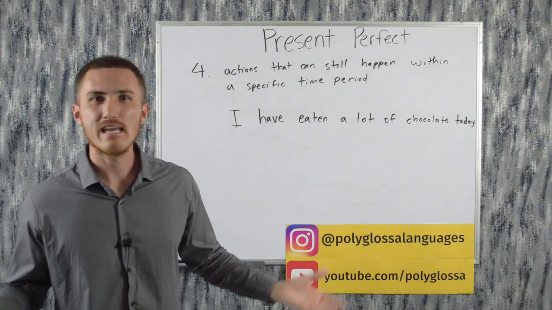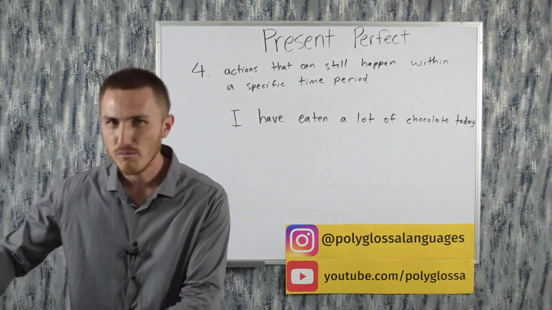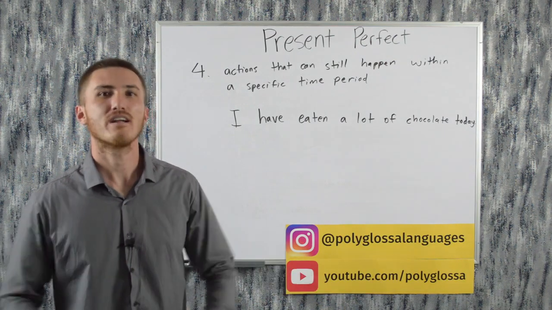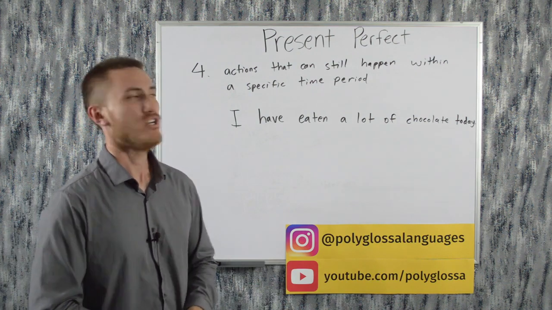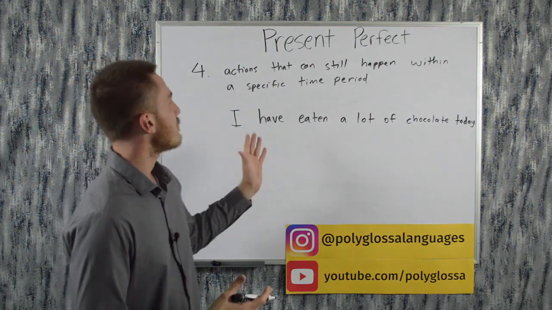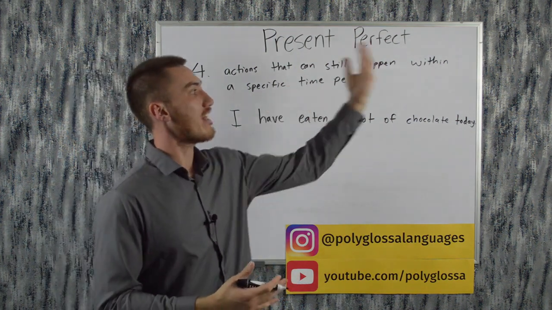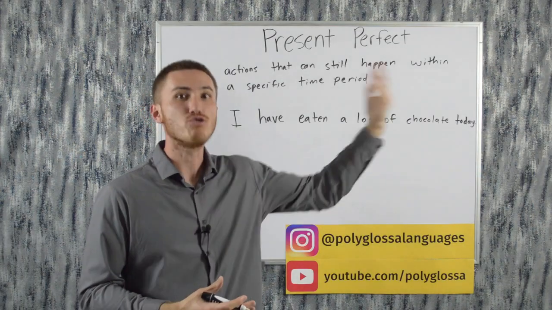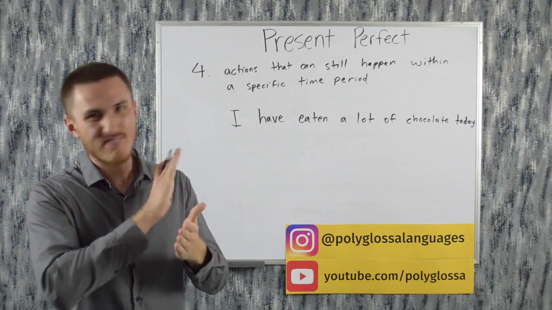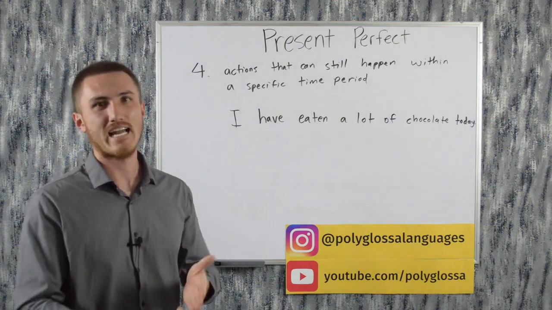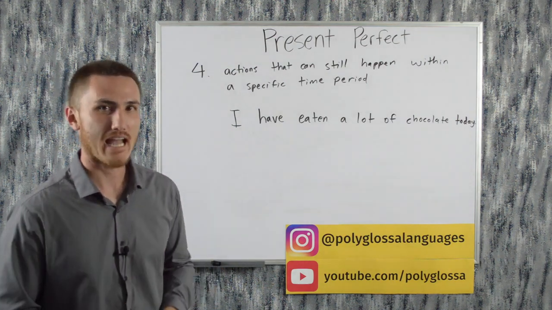It's already 11 p.m., I'm in bed, I have no more chocolate, I'm not eating anymore. I ate a lot of chocolate today, right? So you see the difference there. If we use the present perfect, it can still happen, right? I can still do more of it. If I use the past simple, it means that that period, it's over, right? I can't do more of that action.